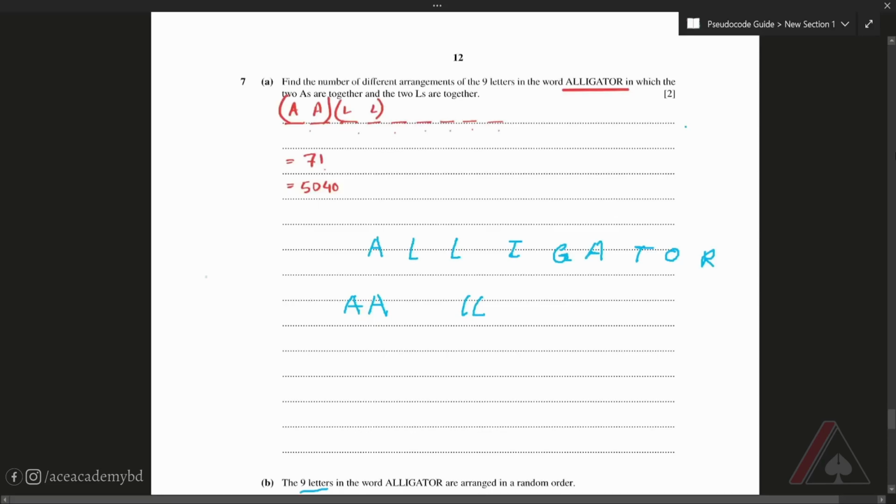So normally what we would do is consider each of these letters as a box, and we could arrange the boxes in different orders.